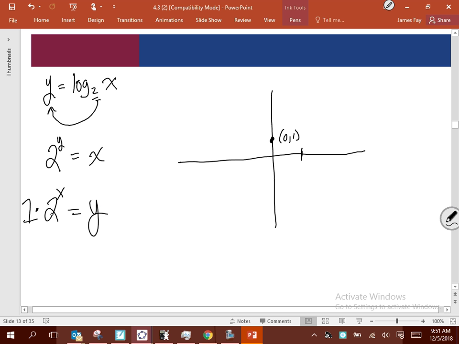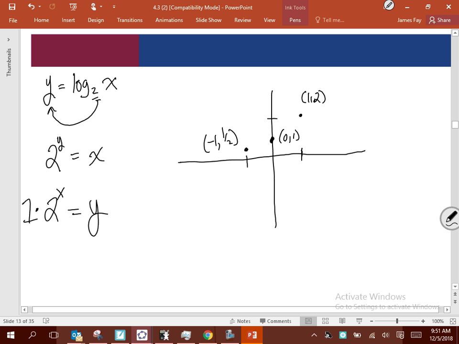Well, k is 1, a is 2, so I have 1 comma 2. I also have then the point -1 comma what? 1/2. Going back to the general form, it would be -1 comma k times 1 over a. Or you just want to call it k over a. Those 3 points are on that exponential.